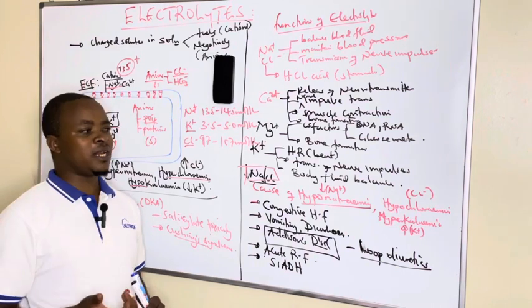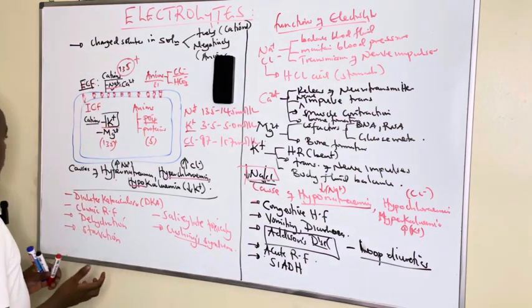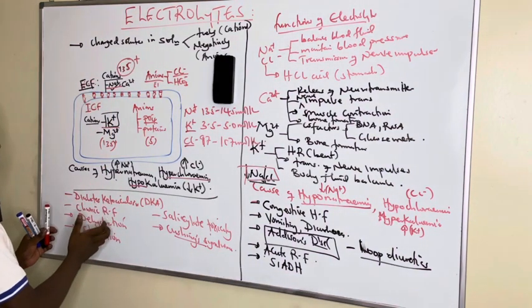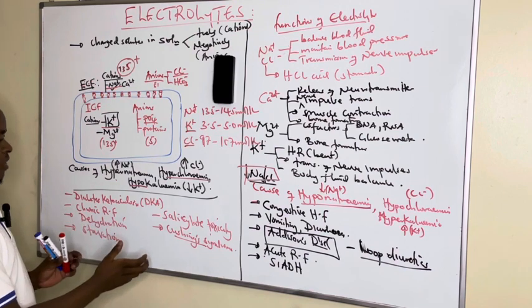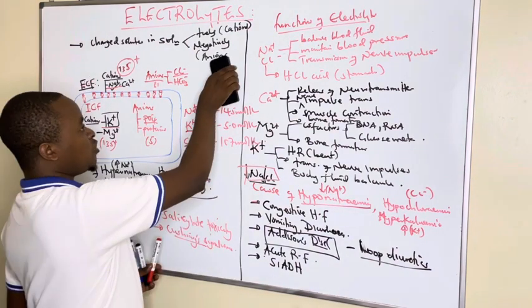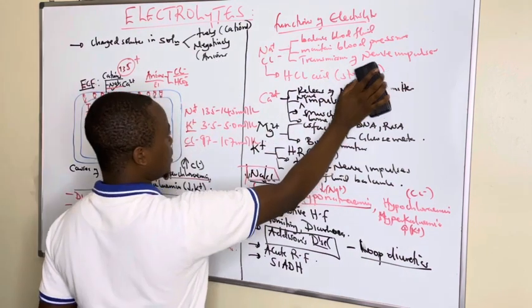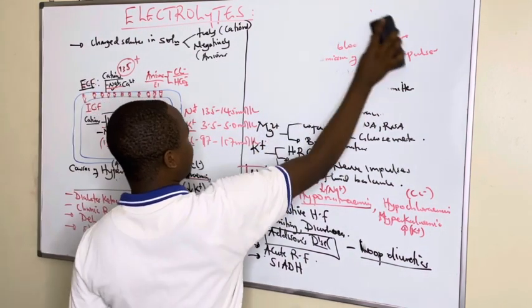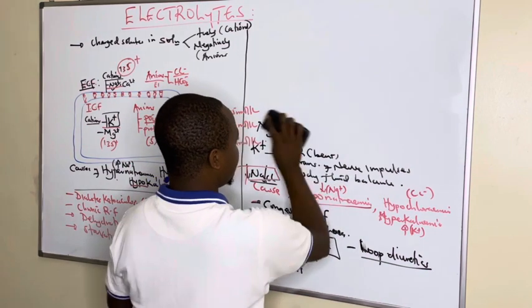And after learning this, and we see the different causes of hypernatremia, hyperkalemia, and hypokalemia, allow me to distinguish for you briefly these conditions in case of electrolyte imbalance.